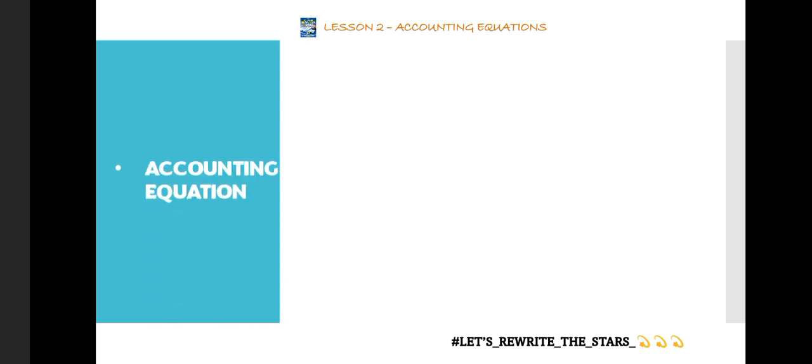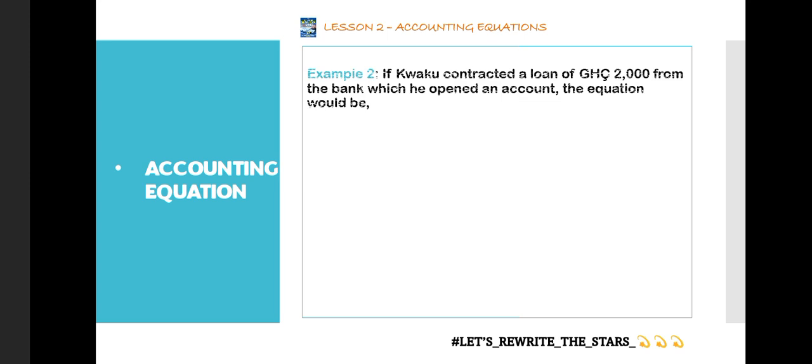Now let's pick an example in this scenario. We are using the same example from the first part where Kweku went to purchase a vehicle costing 10,000 Ghana cedis to start a transport service.